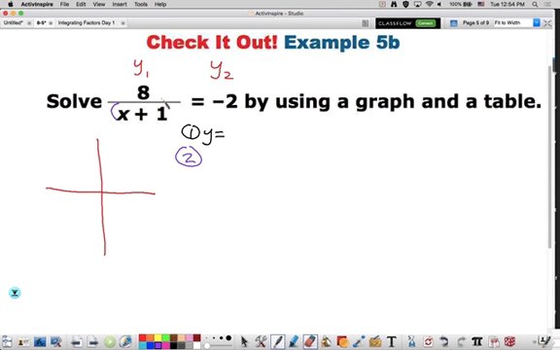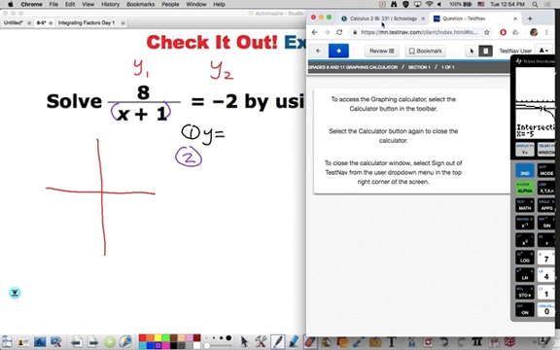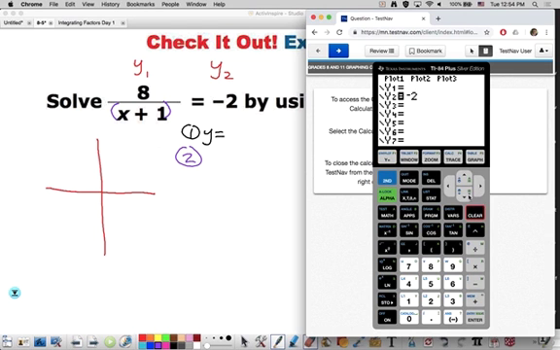Need to make sure you put parentheses around the denominator. Otherwise, it's going to have an error. That's fine. As long as you can see them intersecting, that's good.